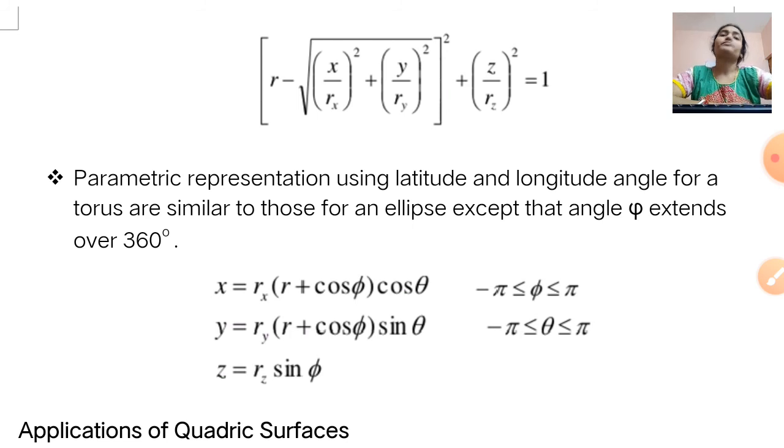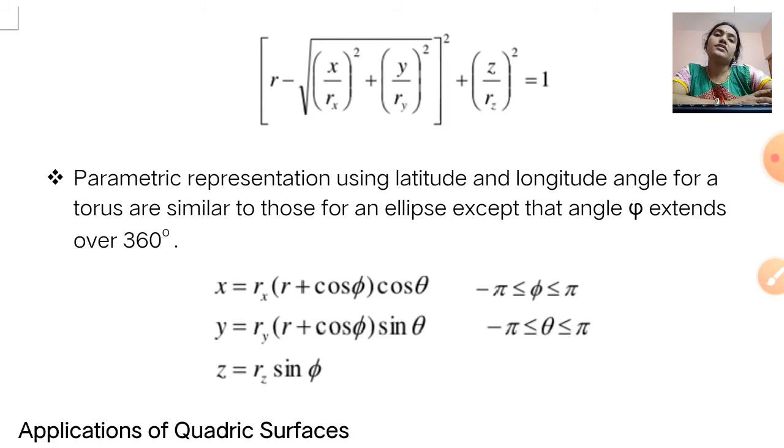Here phi ranges between minus pi to pi, and theta also ranges between minus pi to pi.